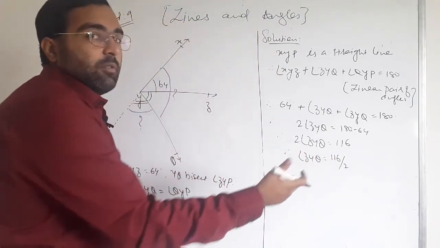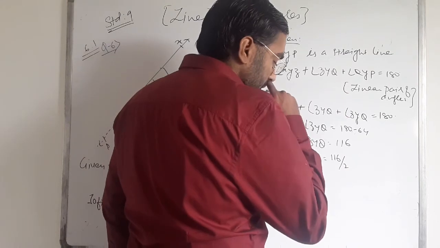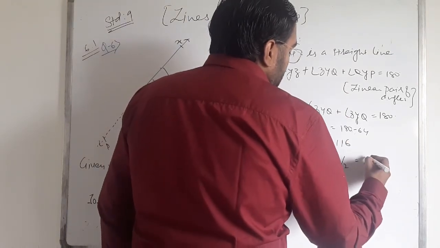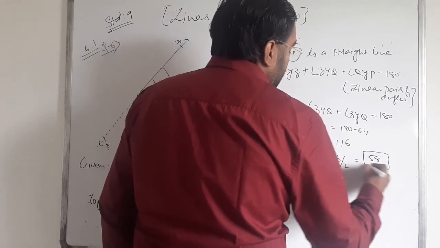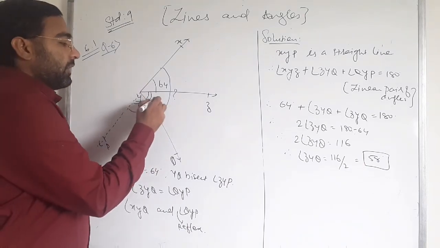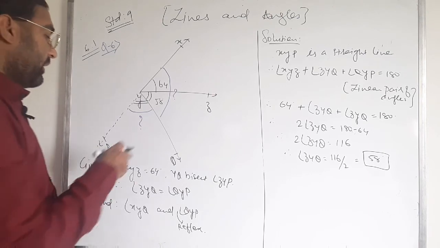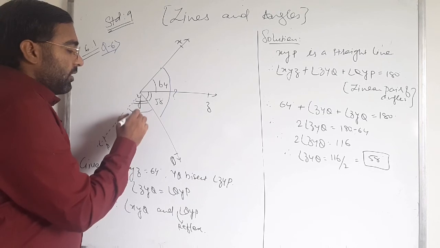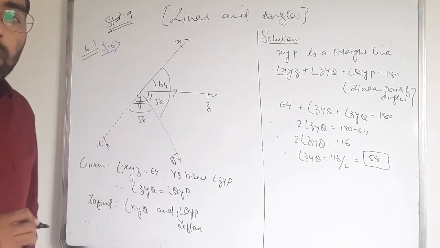The 2 is in multiplication, so when shifted to the other side it goes to division. So 116 divided by 2 is 58 degrees. My ZYQ is 58 degrees, so my QYP is also 58 degrees.